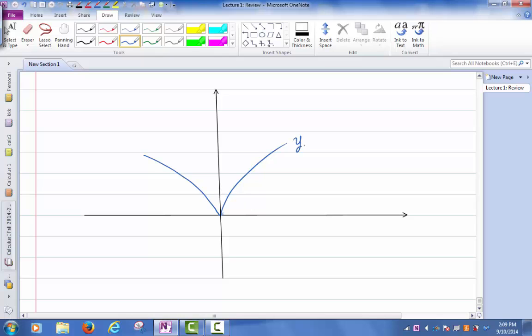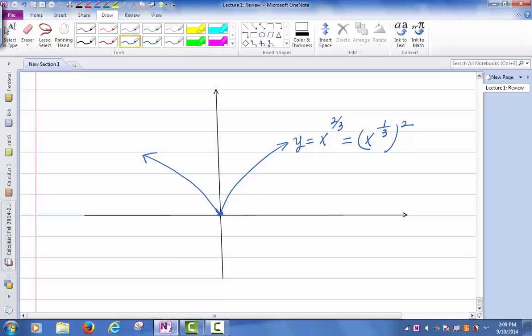This is y equals x to the 2/3. X to the 2/3 is the same as x to the 1/3 squared, so that's why the graph lies above the x-axis, because it's always non-negative. And this is how the graph looks.